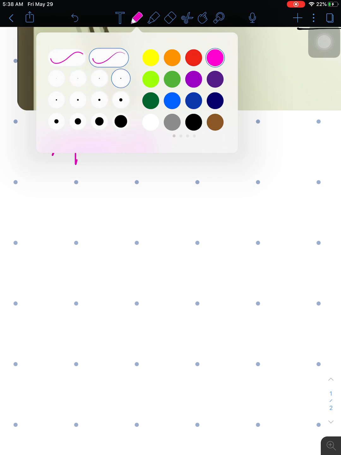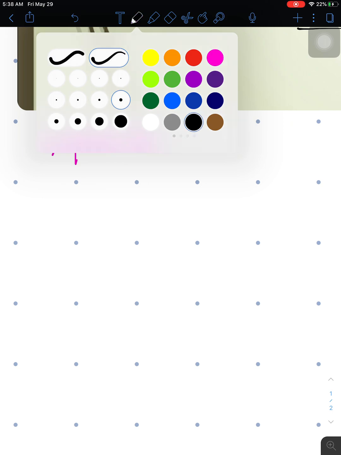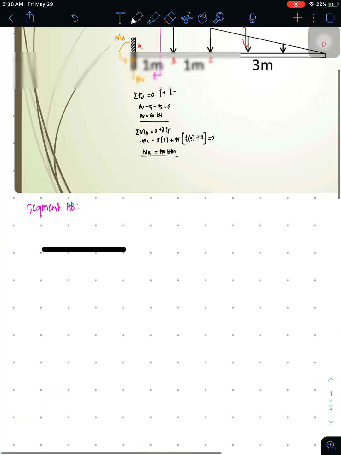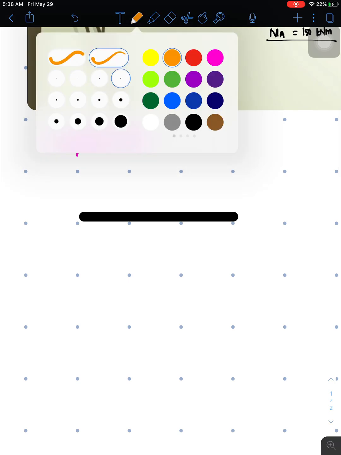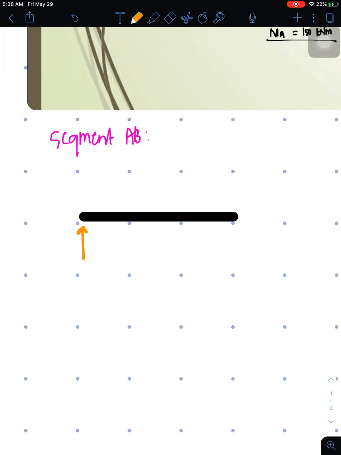For segment AB, what we're going to do is draw the beam, but I have to place the reaction. The reactions here are AV and MA.